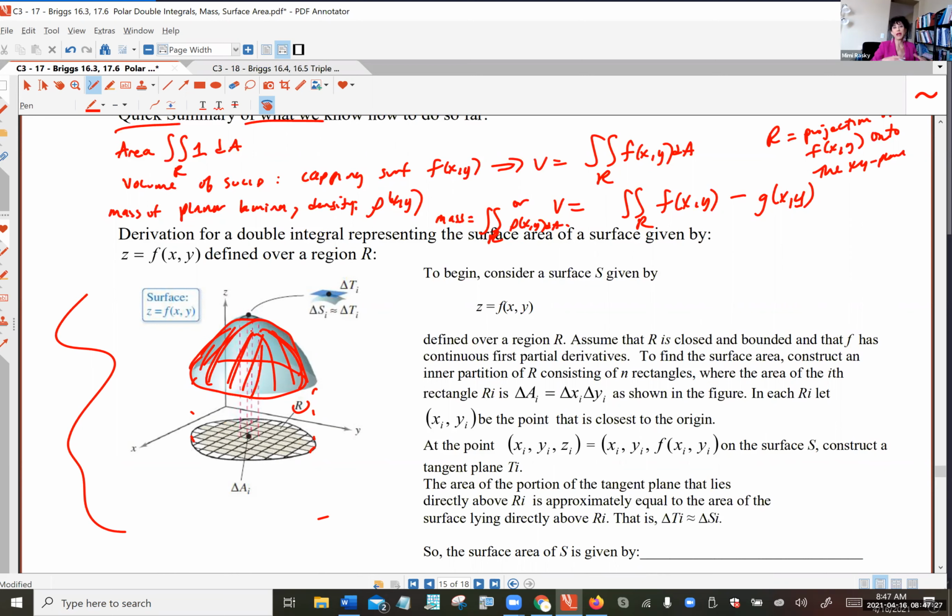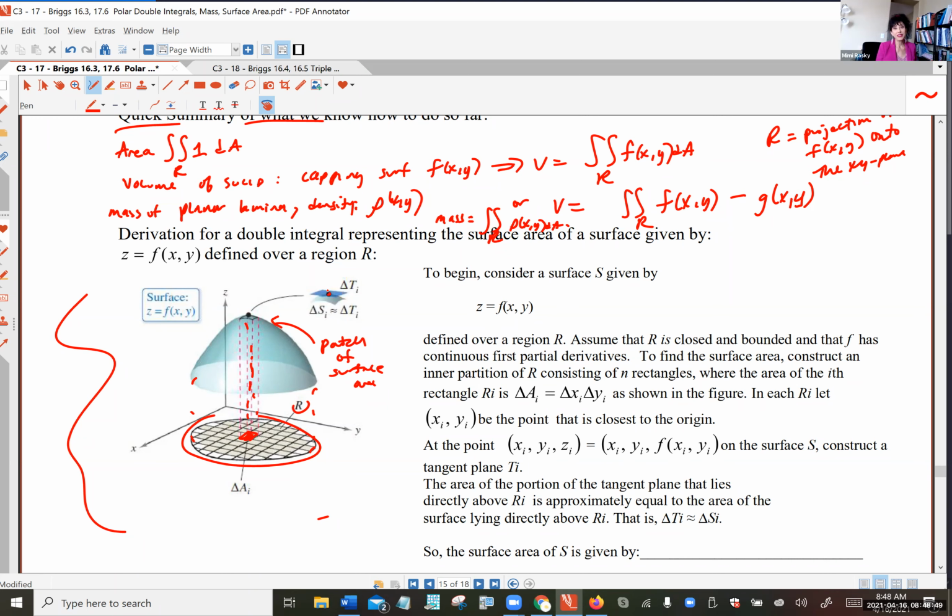So that's too hard. What we're going to try instead is to take that ith point on the surface, and instead do the tangent plane at that point. You guys know how to find tangent planes to a point on a surface because we did that last chapter, right?